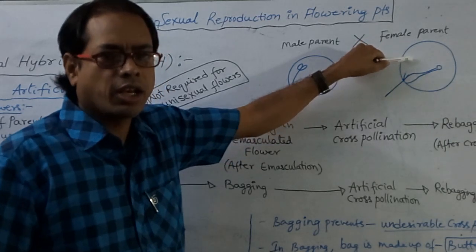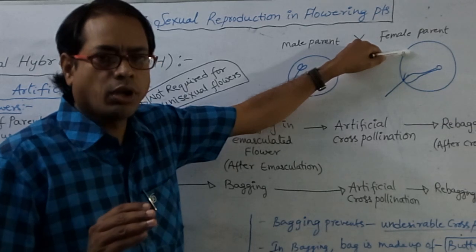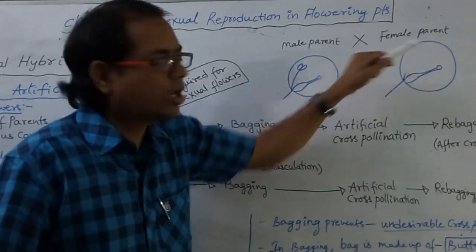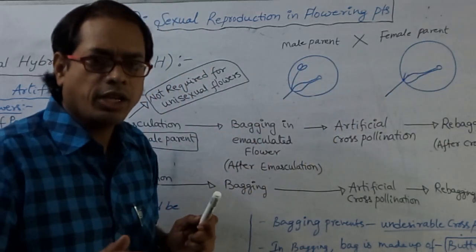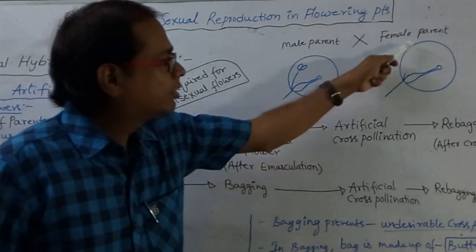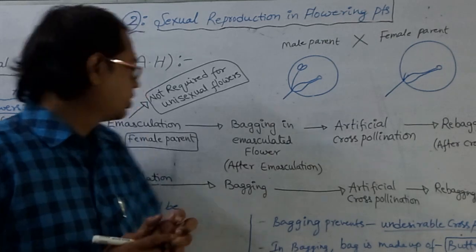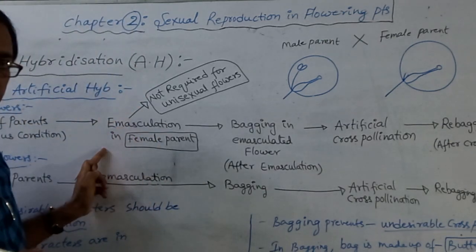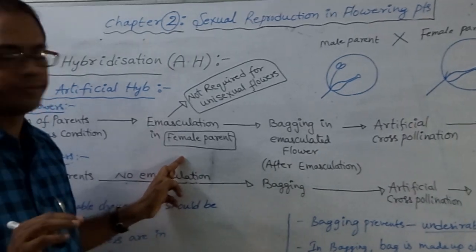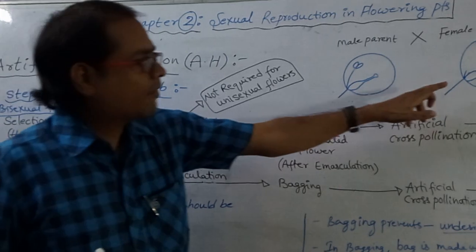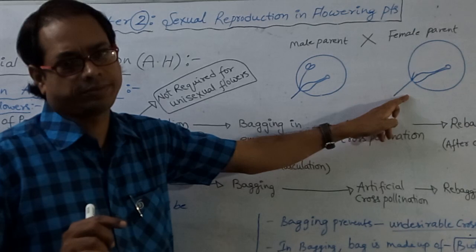So emasculation is useful to prevent self-pollination and to promote cross-pollination. Emasculation should be done in the female parent, not in the male parent.